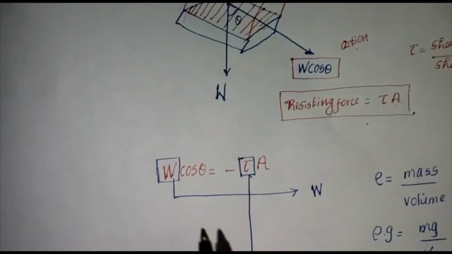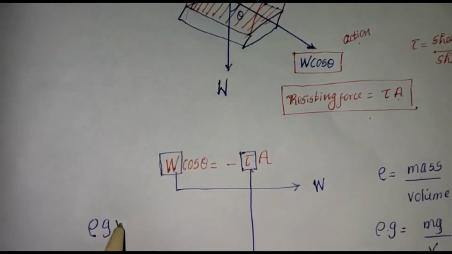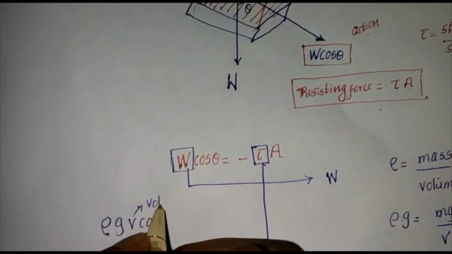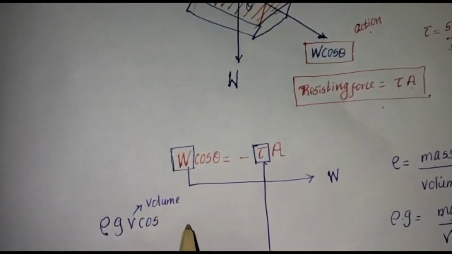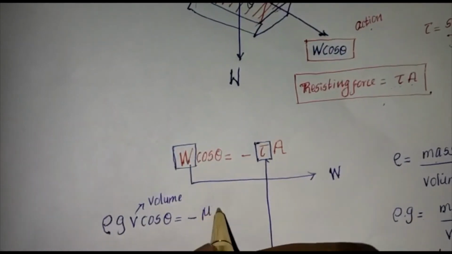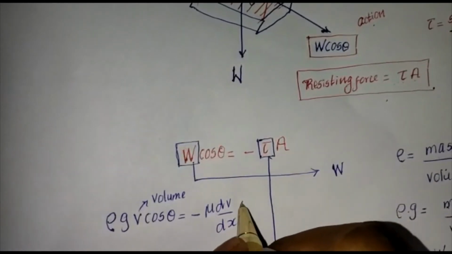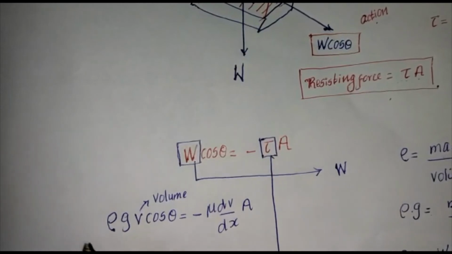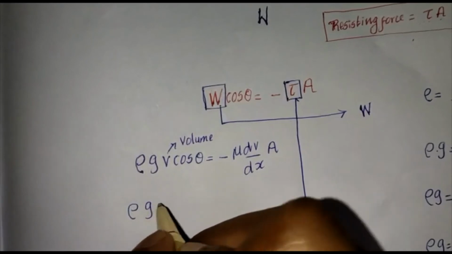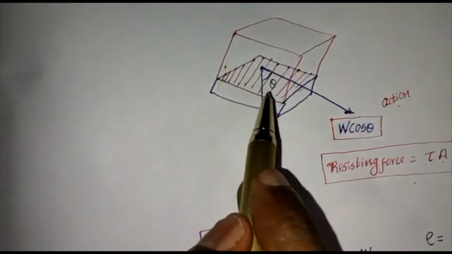Okay, now I'm going to substitute the value of W, which is rho g V into cos theta, where V here stands for volume, is equal to minus mu into dv by dx into A. In the next step, it is going to be rho into g into volume.